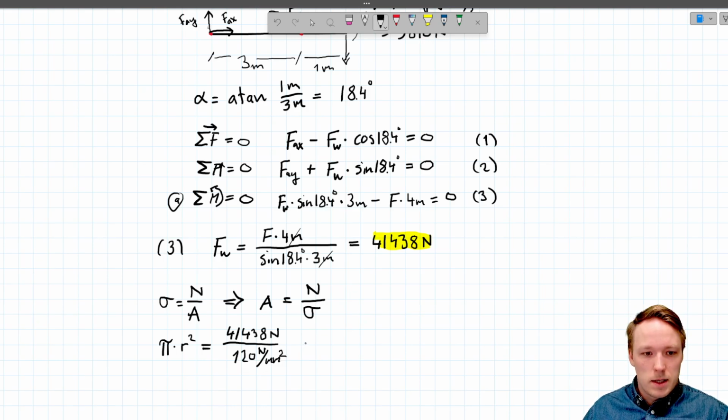And from this equation we can easily solve for the R.